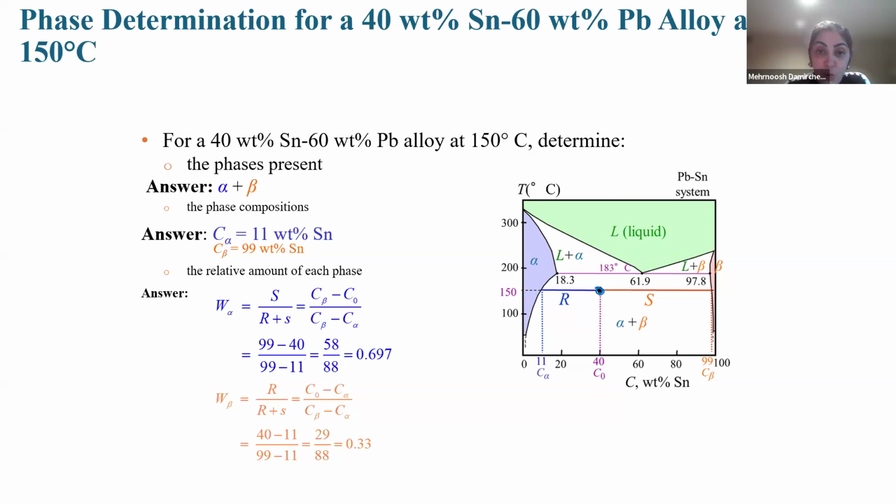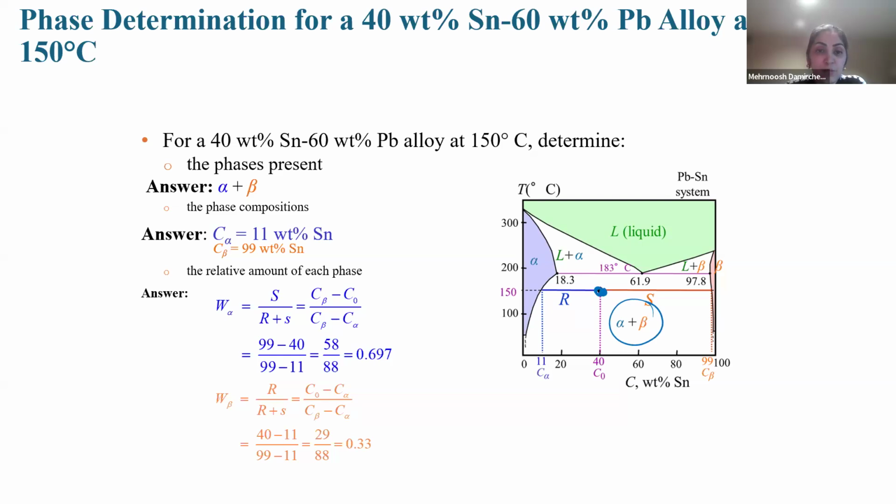we show where we are. The temperature is below the eutectic temperature, so definitely we are in the solid phase, and we have alpha and beta. So here are the alpha and beta phases.